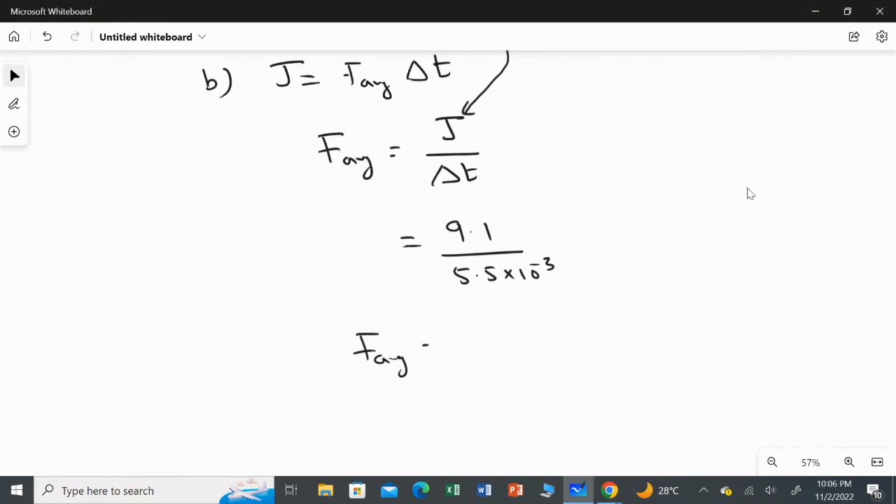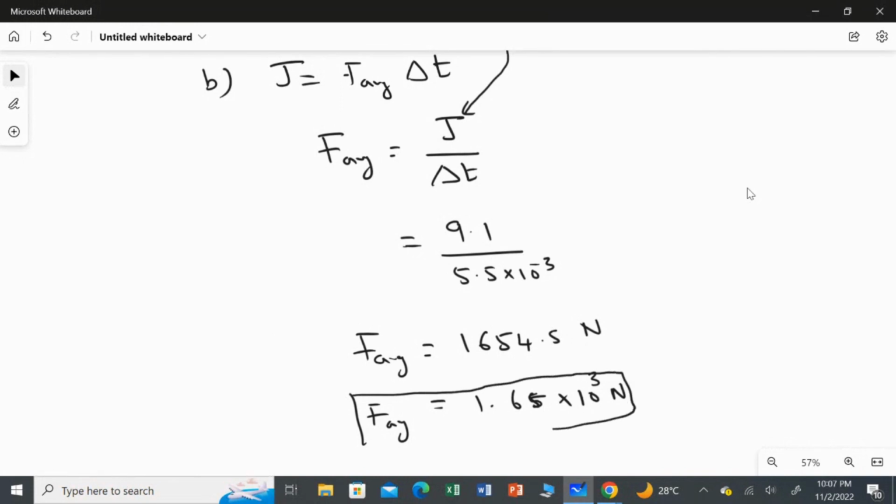The average force is equal to 9.1 divided by 5.5 times 10 to the power of minus 3. So I got 1654.5. And what's the unit for the force? It's Newton. If you want to write it in powers, 1.65 multiplied by 10 to the power of 3 Newton. So this is the answer for the second part. Clear?